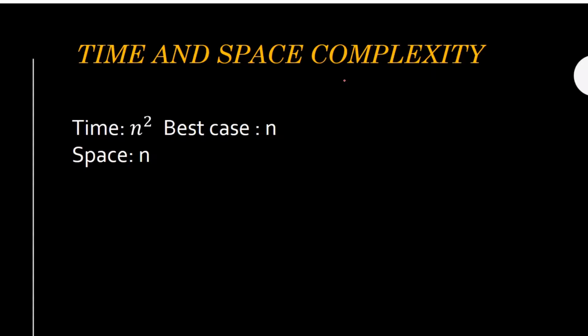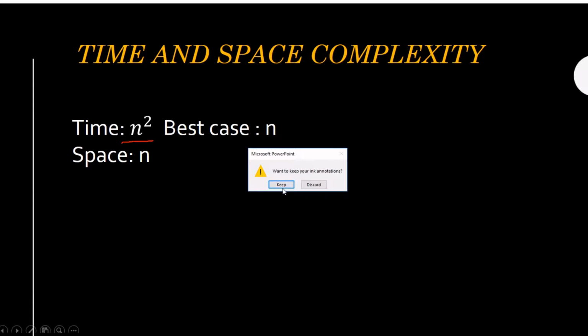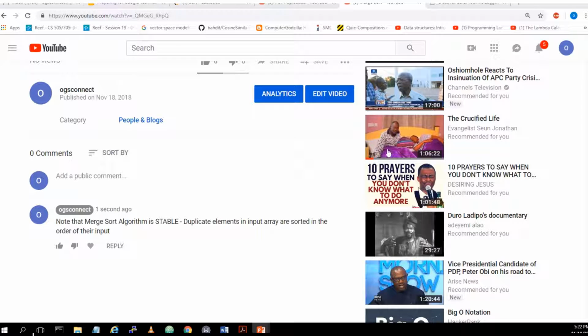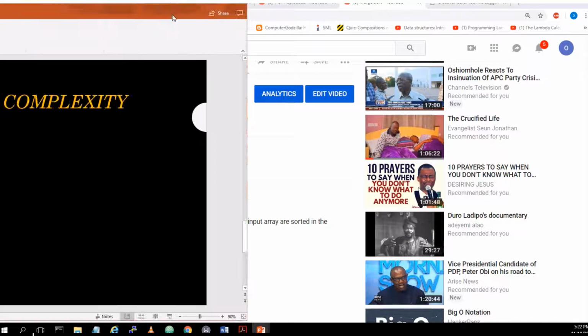The time and space complexity. The time complexity is n squared. The space complexity is constant.